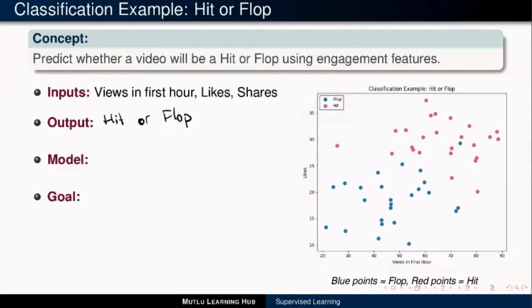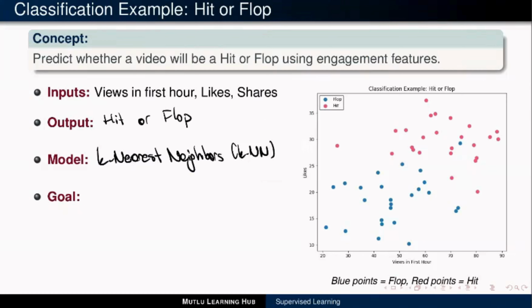As an example model, I want to talk about the k nearest neighbors. What does it do? So it already knows whether a video is a hit or flop.